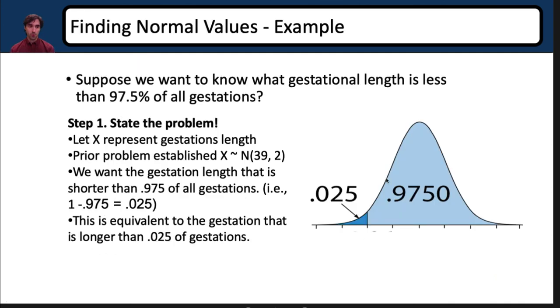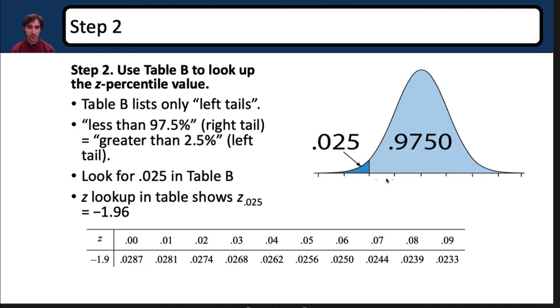Okay, here's another example. We want to know what the gestational length is for less than 97.5% of all gestations. Whereas in the previous example we looked at the 90th percentile, we're looking now at the 2.5th percentile. To find that in the back of the book, you're not going to actually find a 0.275.